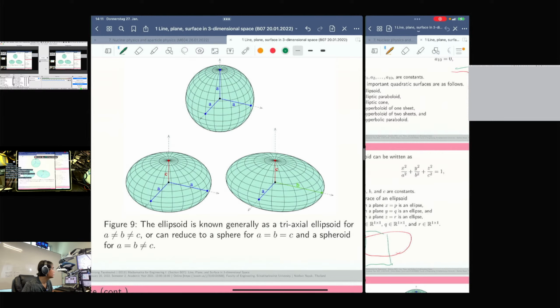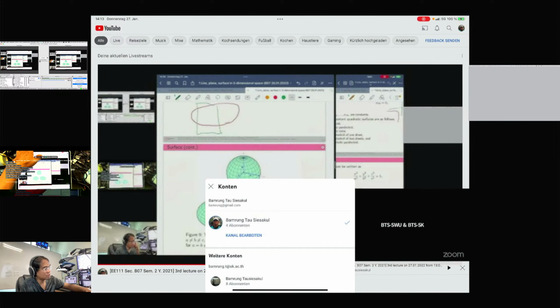Chaikit says spheroid. What do the others think? Spheroid or sphere or ellipsoid, what do you think?